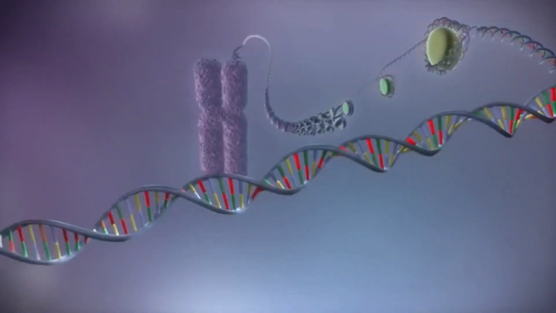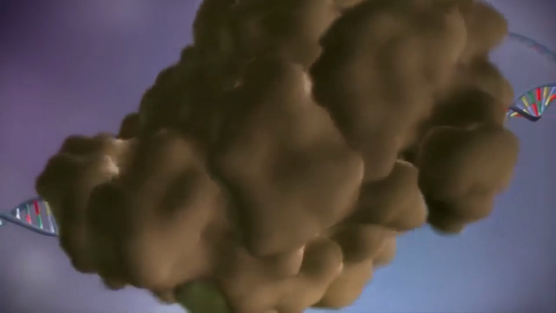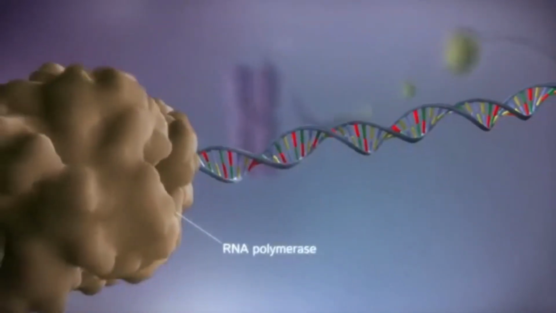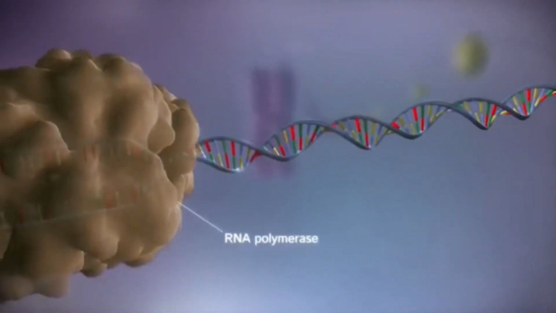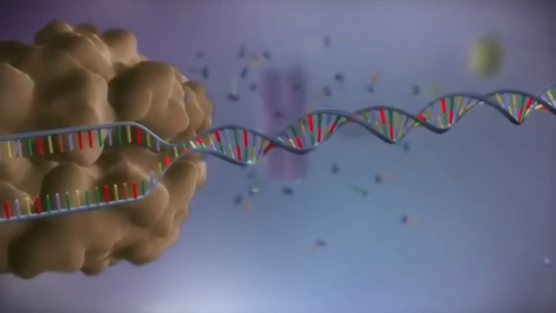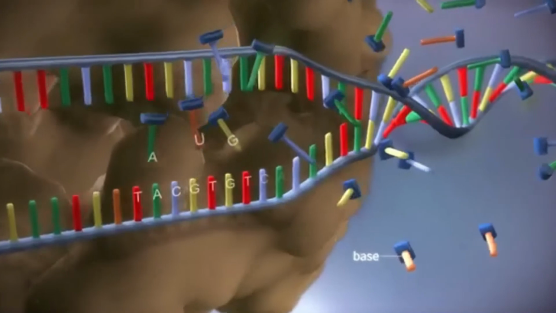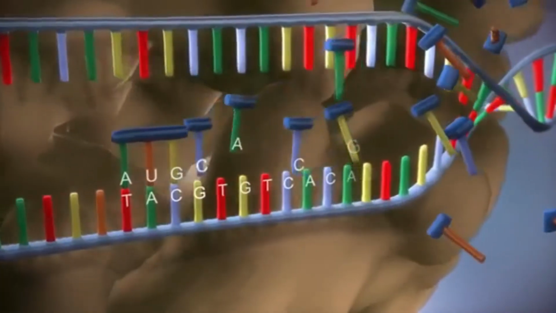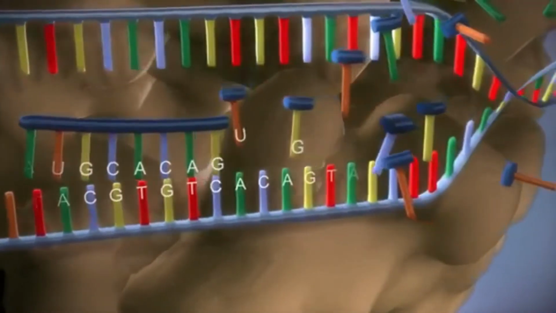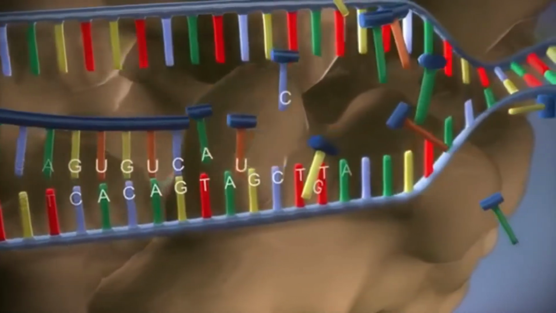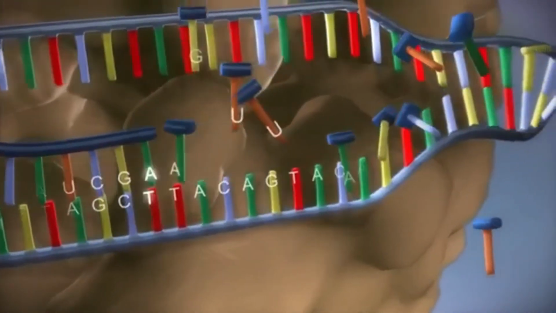When a gene is switched on, an enzyme called RNA polymerase attaches to the start of the gene. It moves along the DNA making a strand of messenger RNA out of free bases in the nucleus. The DNA code determines the order in which the free bases are added to the messenger RNA.